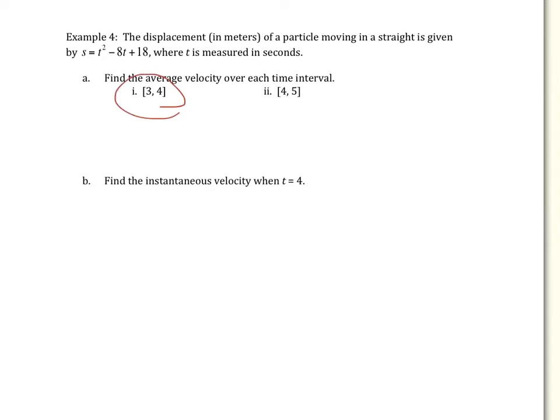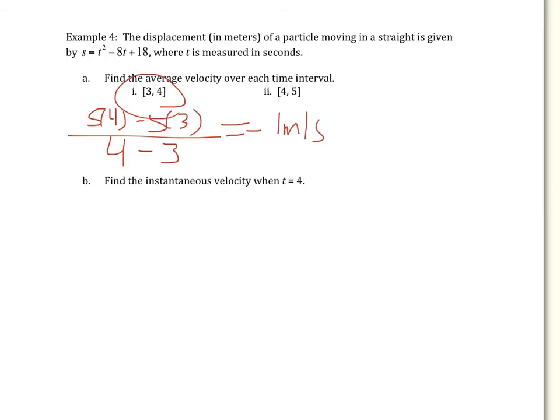So in other words, we are going to figure out what S of 4 is, what S of 3 is, subtract those two, and then take those x values of 4 minus 3. If you go ahead and plug that into your calculator, you might want to pause the video to do that. So in other words, plug in 4 to our S function, plug in 3 to our S function, subtract them, and then divide by 1, and you will find that you get an answer of -1 meters per second.